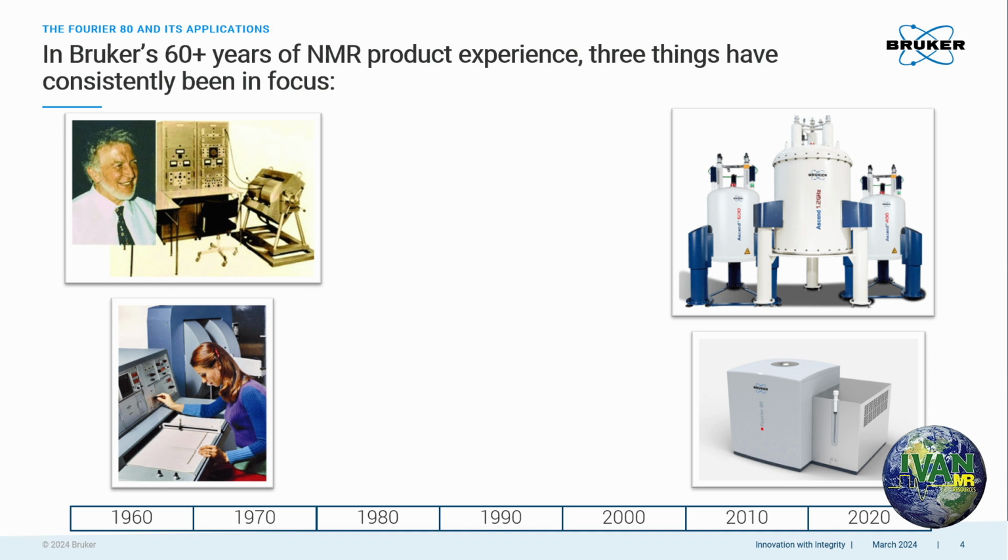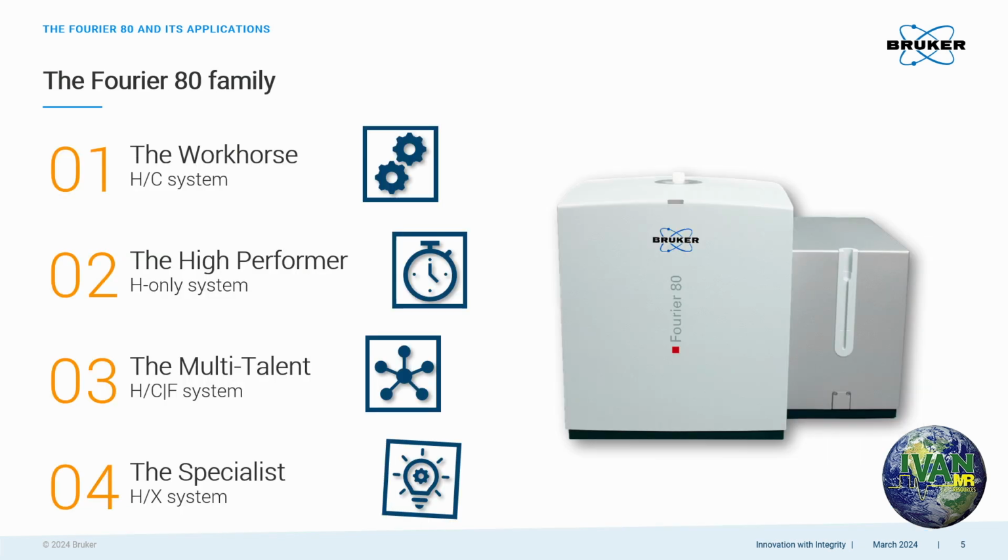So to use the metaphor from earlier, we're more like the micrometer on the right, the big do-it-all thing, which we try to make sure is customized for your needs. And we bring that philosophy with us to the Fourier 80. For that reason, we've developed 4 members of the Fourier 80 family, which I will discuss in a little bit of detail and talk about some specific applications of each.